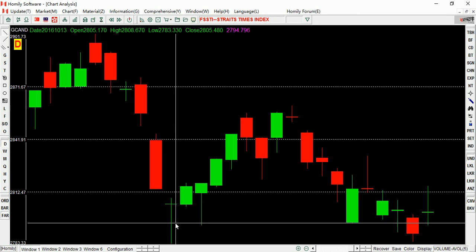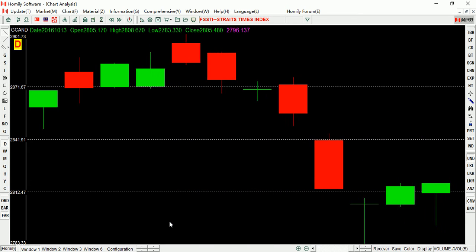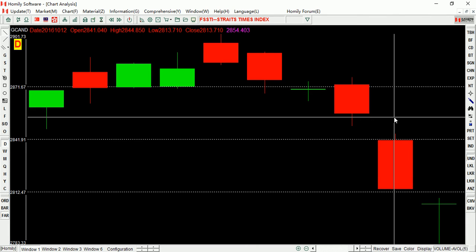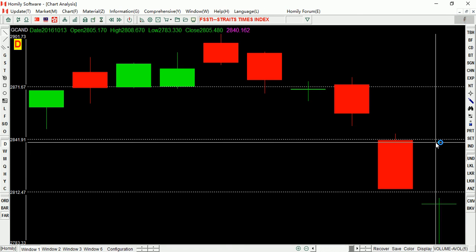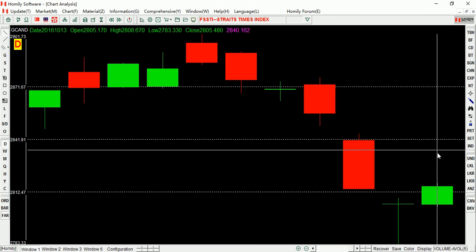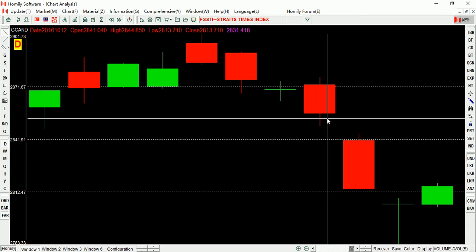So let's see this one. This is the low point, right? This is the two yin candlestick, two bearish candlesticks. Then if you see the next day, here can we buy or not? No, right? So here, the close price should be higher than the second one, the third one, and lower than this one.